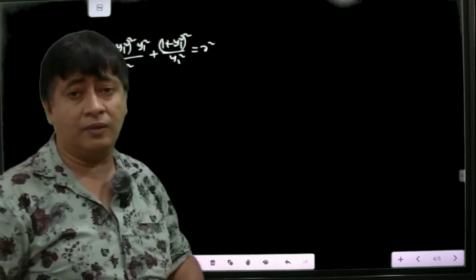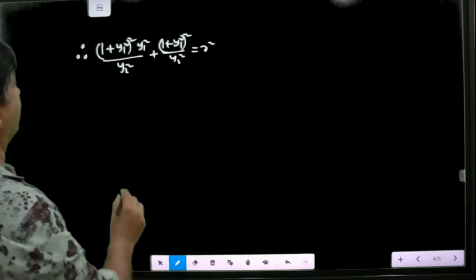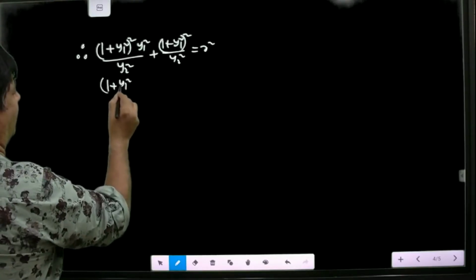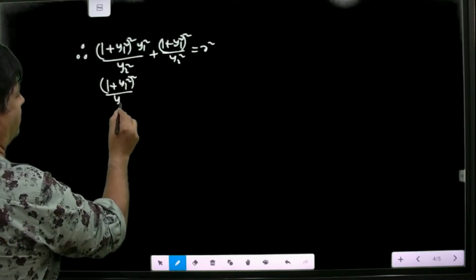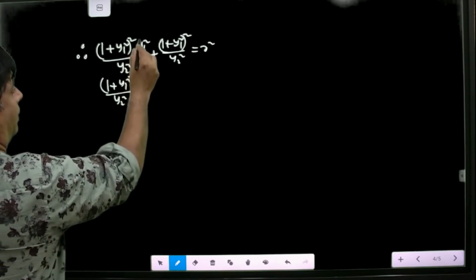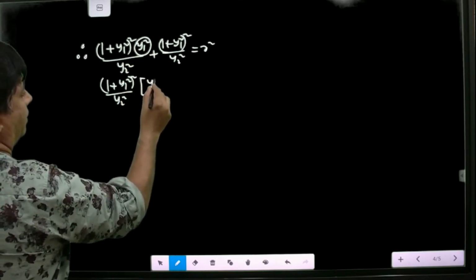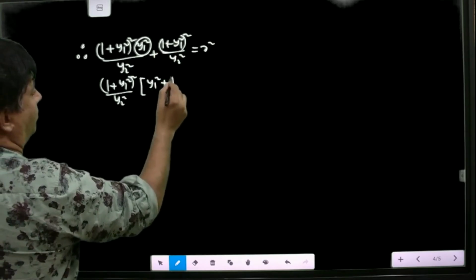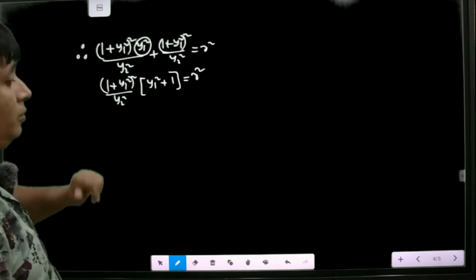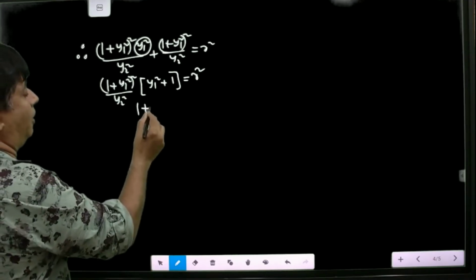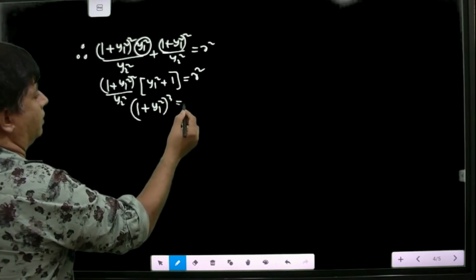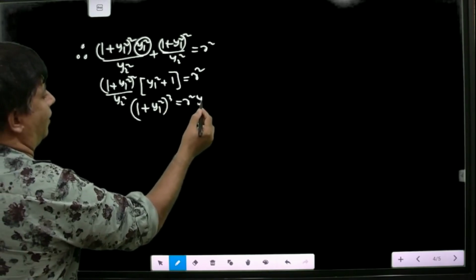Now, how to simplify it? You take (1 plus y1 square) whole square by y2 square common. What will be left for you? This thing will be left, and against it 1 will be left, is equal to r square. So we are on the verge of termination of the sum. (1 plus y1 square) whole cube is equal to r square y2 square.